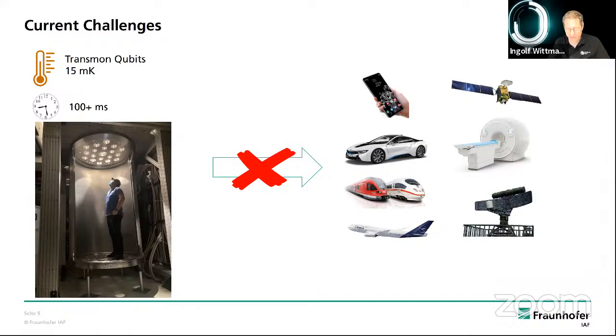And when I was running quantum industry use case workshops with a lot of clients during my IBM time, in every meeting I was identifying new application areas for quantum computing, and also for the mobile environment.